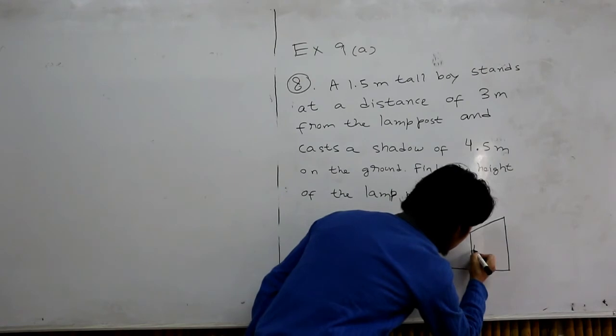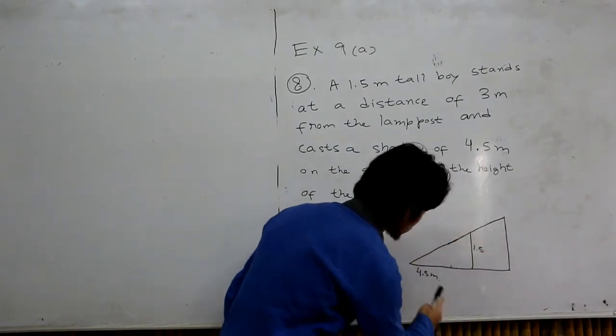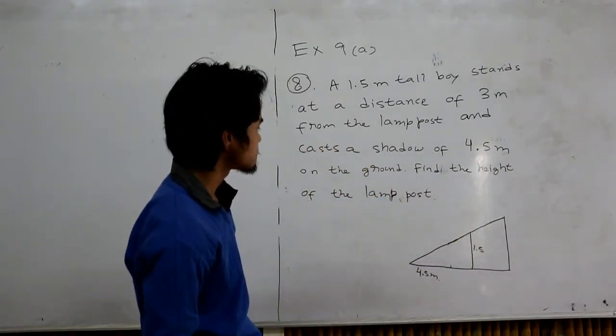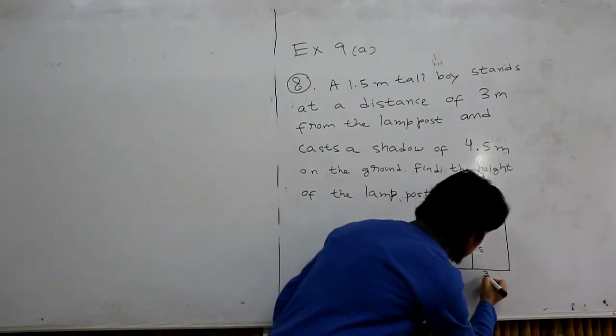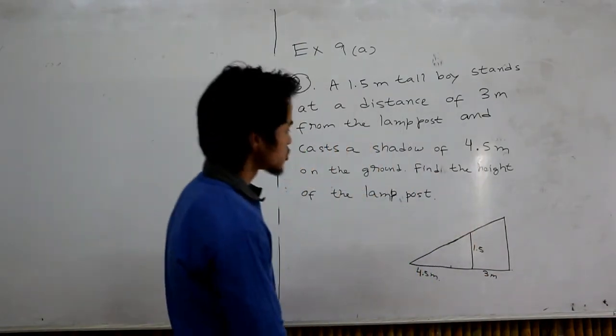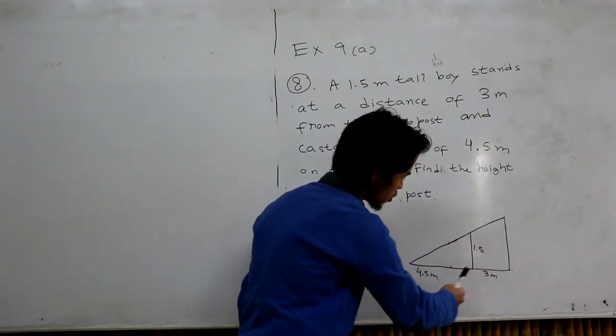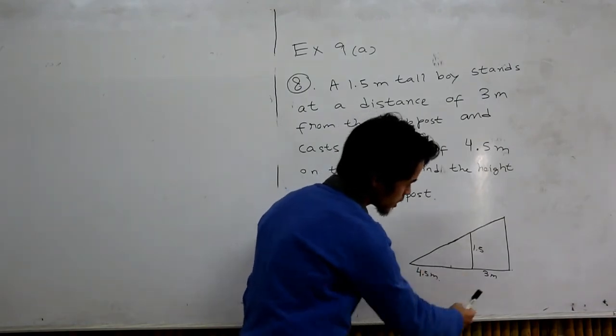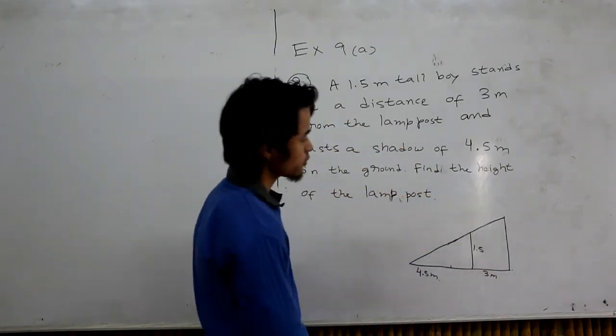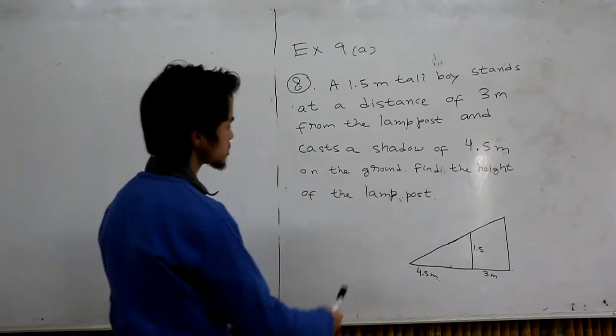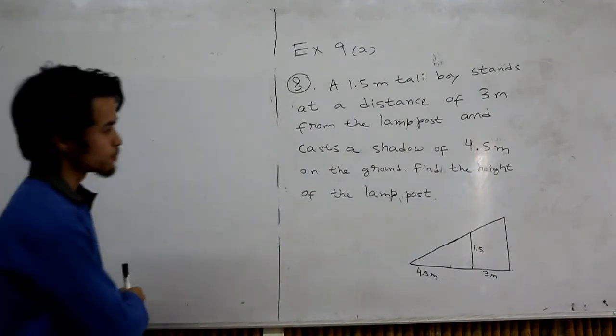This is the boy. This will be 4.5 meter and this will be 3 meter. So now we have the lamp post, the boy, and this is the length of the shadow, and this is the distance of the boy from the lamp post. Alright, so now let's mention the diagram properly.